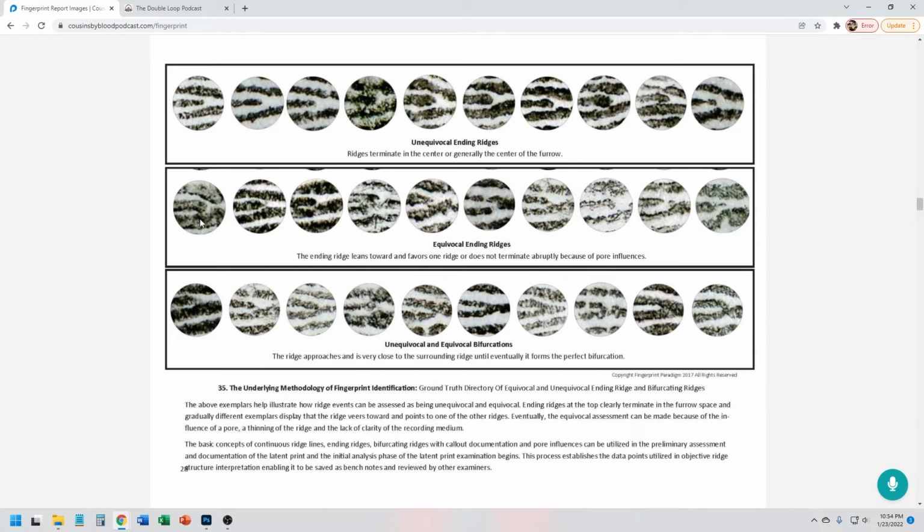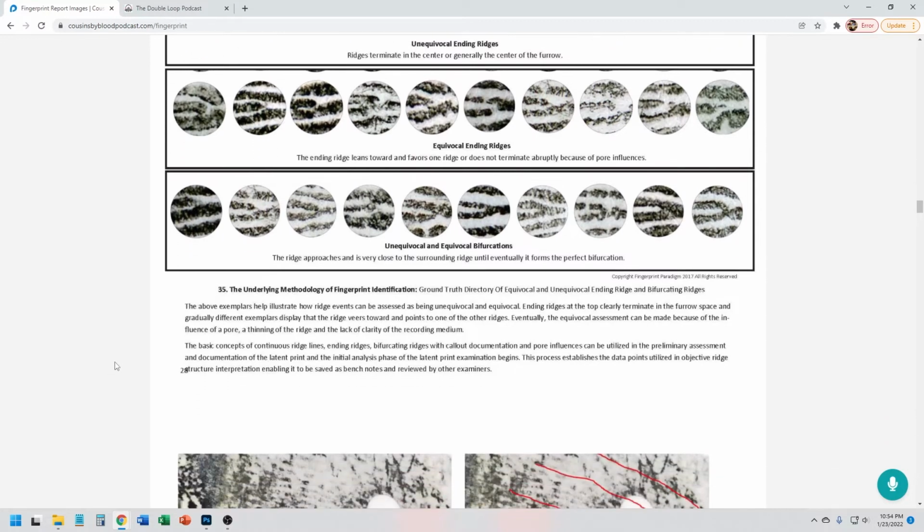Even then, say you've got this bifurcation, but one of the arms of the bifurcation dips down maybe a third of the depth of the full-on furrow. This is a complex three-dimensional structure, so what's the ground truth then? Sometimes even the skin itself can't answer that question in a binary way, ending or bifurcation, because it's conditional.